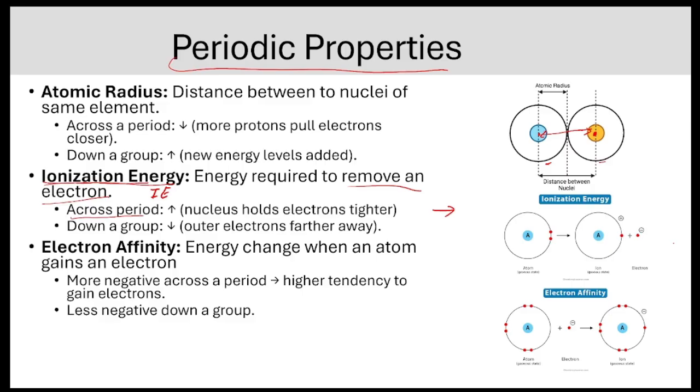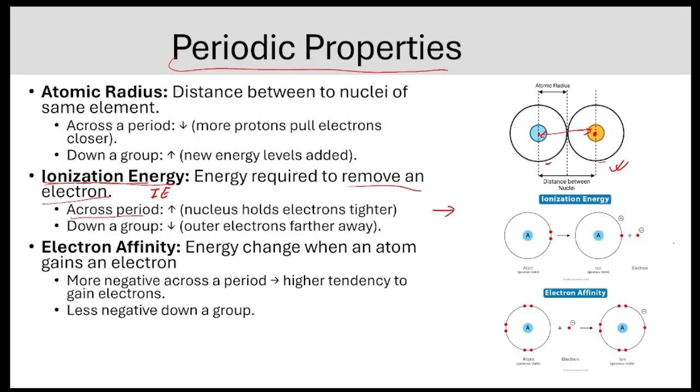The reason for the increase is that the electrons are attracted toward the nucleus more strongly as we move from left to right, meaning it will require more energy compared to the elements on the left.